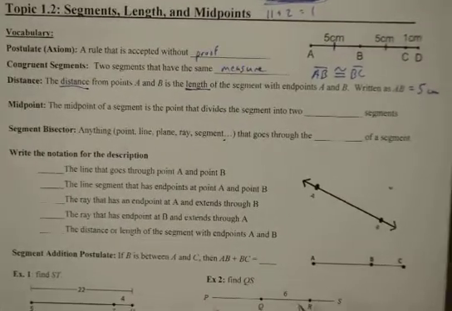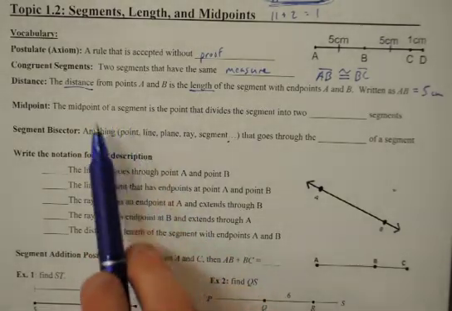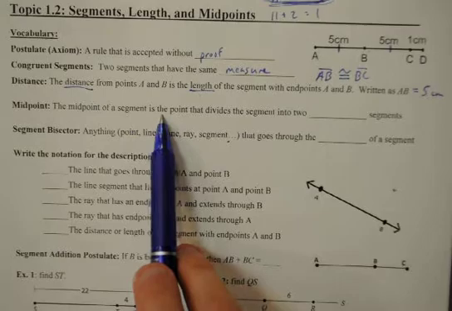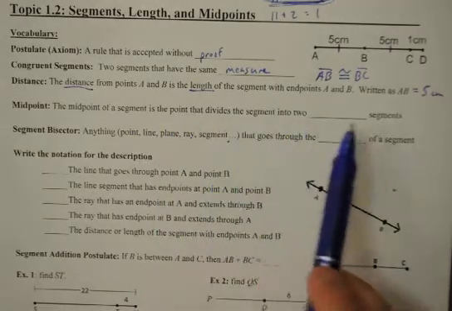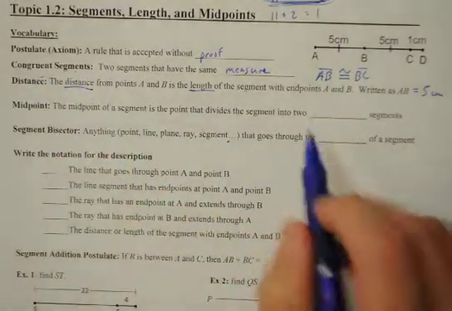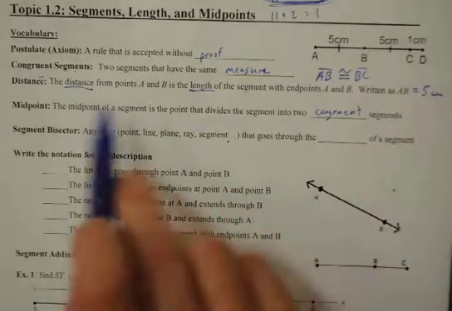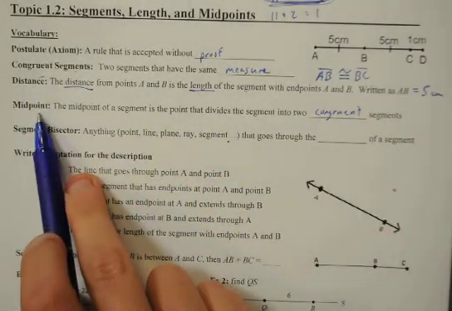Midpoint. A midpoint is the point of a segment that divides the segment into 2 congruent segments. Now that we use this word congruent, I can use it to make bigger words. I'm building off congruent to make a new word, midpoint.